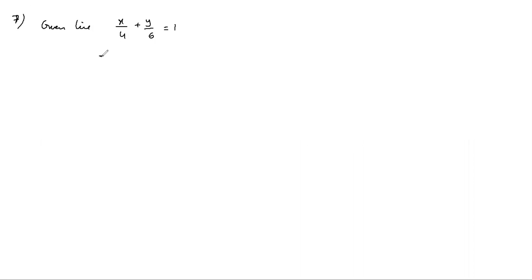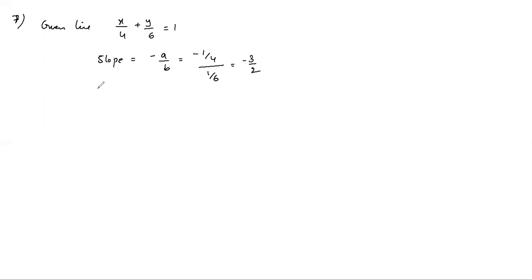So what is the slope? Minus a by b, minus x coefficient by y coefficient. Otherwise, you convert into general form ax plus by and write it. So minus x coefficient is 1 by 4, y coefficient is 1 by 6. So this is nothing but minus 3 by 2.